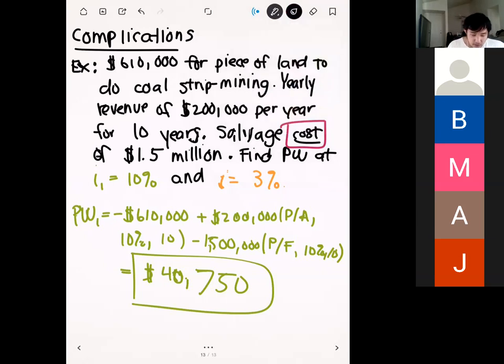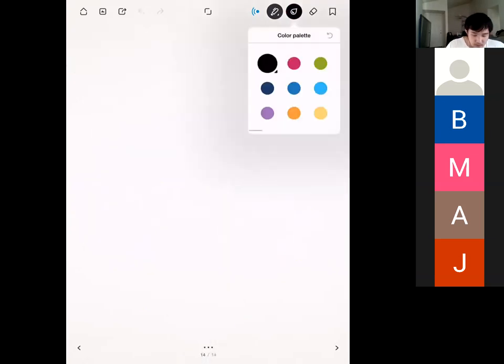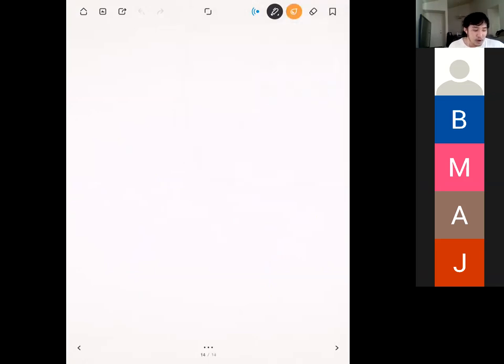Okay, let's do the present worth with 3%. It's going to be all the same numbers, except that instead of 10%, it's going to be 3%. Let's just write it all in.